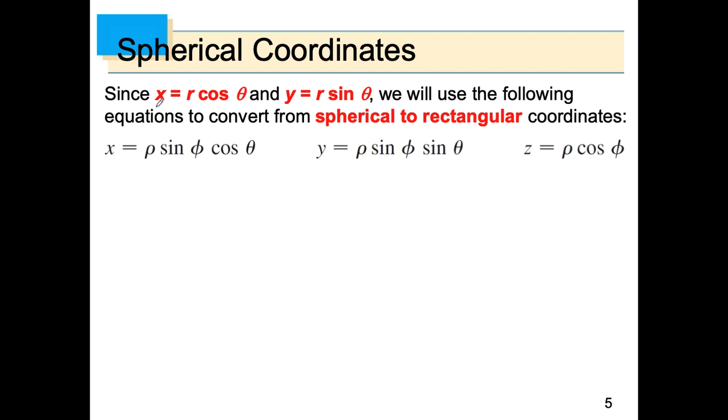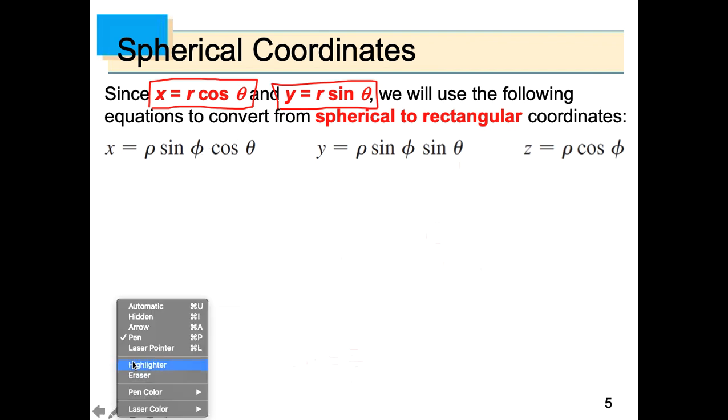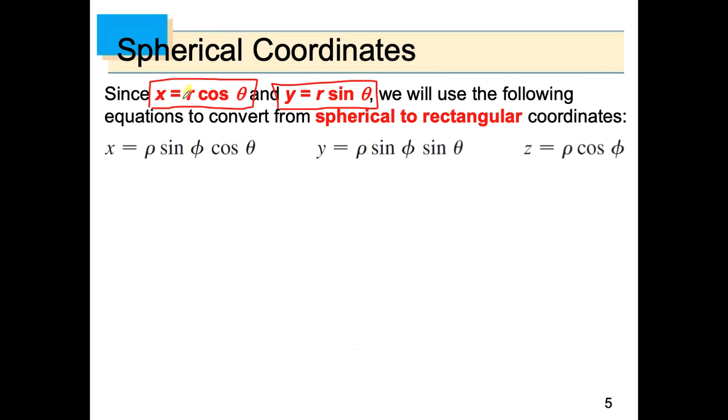Now, we already know from cylindrical coordinates that x equals r cosine theta. We also know that y, according to cylindrical coordinates, is equal to r sine theta. Simply take these cylindrical coordinates and replace the relationship from the previous page. Notice in the previous page, we did have the relationship for r, didn't we?